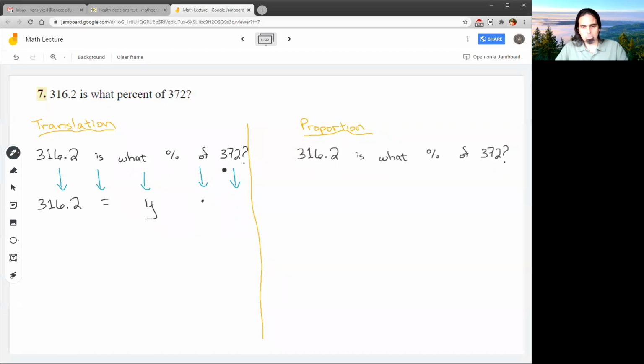Of becomes multiply, and a number stays a number. So something is y times something else. To get y by itself, I'll divide by whatever that thing attached to y is. And if I do it to one side, to be fair, I have to do it to the other side. So what do I get? 316.2 divided by 372, 0.85.